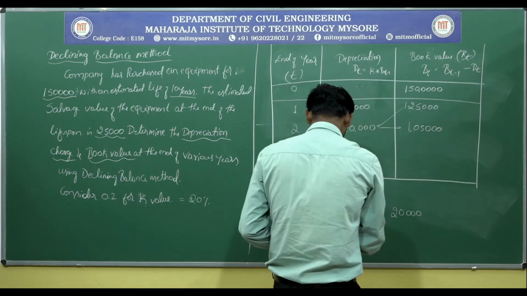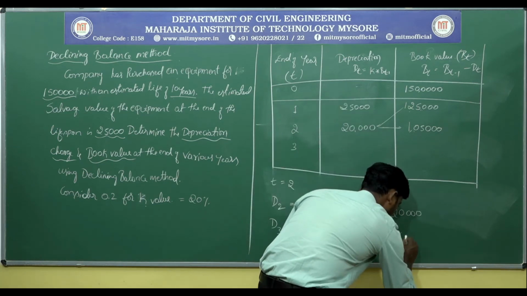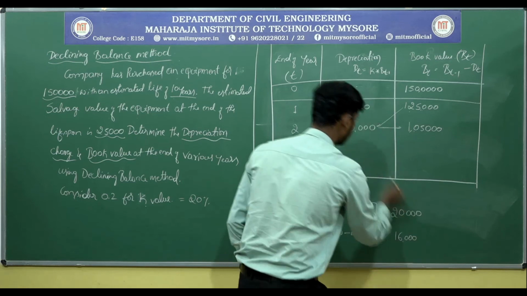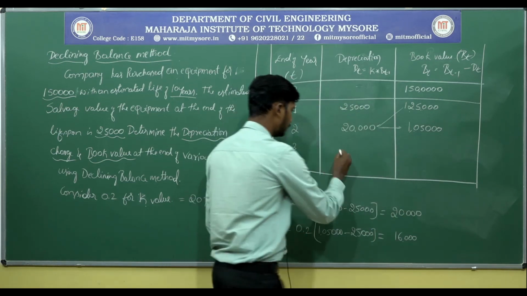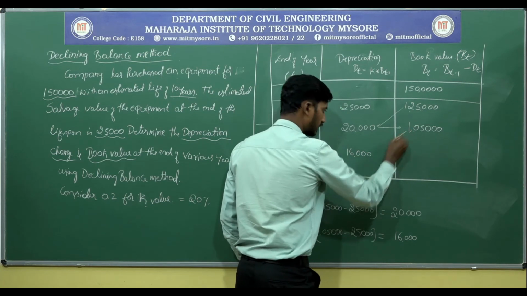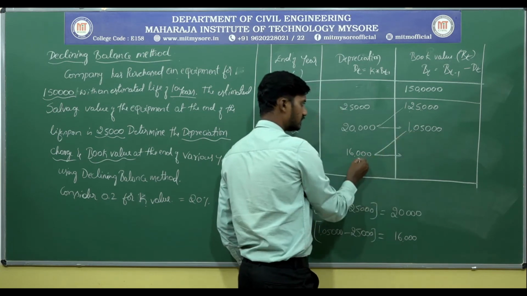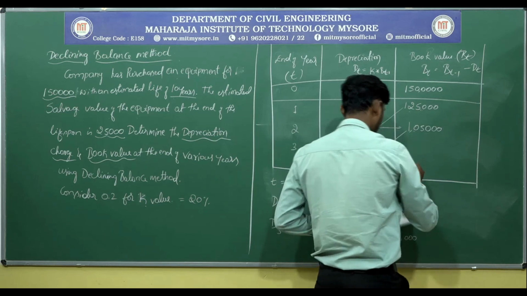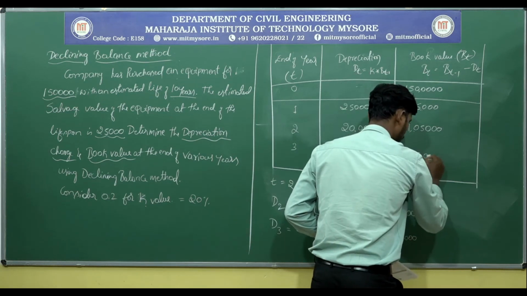So if you solve this, you are going to get 16,000, and that 16,000 is D3. You should write it here, 16,000. Again this minus 16,000 will give us 89,000.